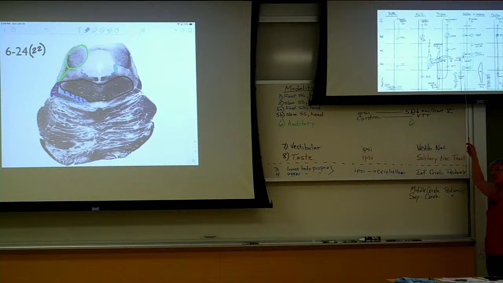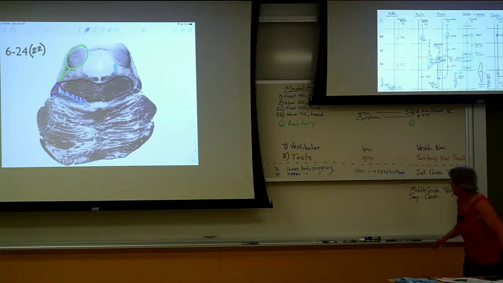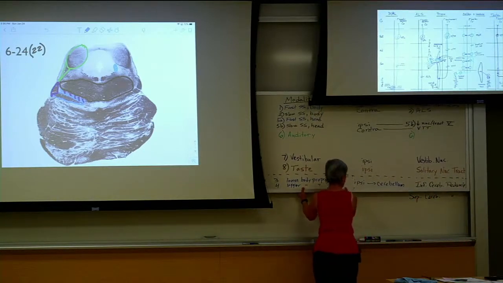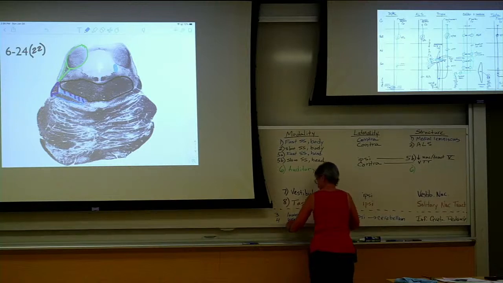One of the nuclei you have to find for the auditory system, you already know it because it's one of your landmarks for the inferior regions of the midbrain. And taste does get through here, but we're not going to follow it. Okay, so let's start identifying some of these structures.